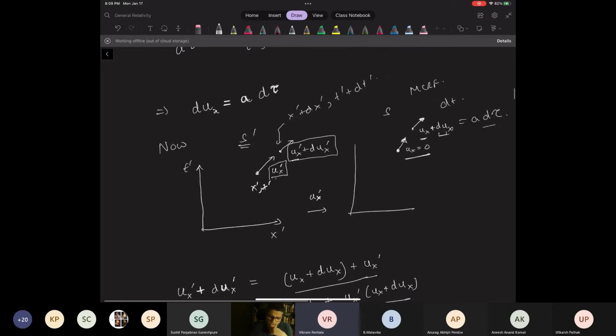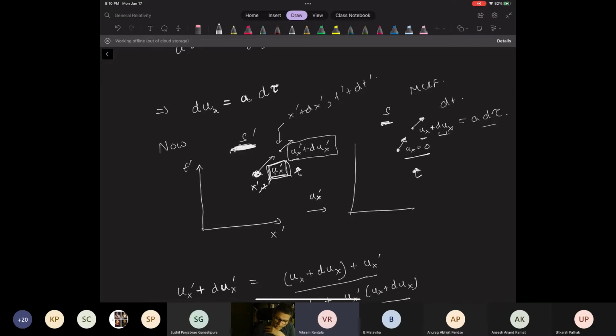Now what we can do is relate the speed in the frame S prime to the speed in the frame S, because we know how fast the frame S is moving with respect to the frame S prime. S is the frame in which the particle is momentarily at rest. Therefore S is the frame whose speed relative to the frame S prime is just ux prime, that is, the speed at which the particle itself is moving at this instant of time, at this space-time point.